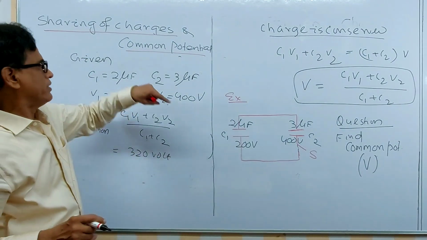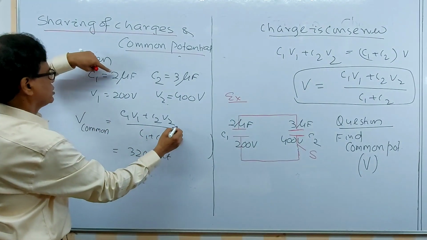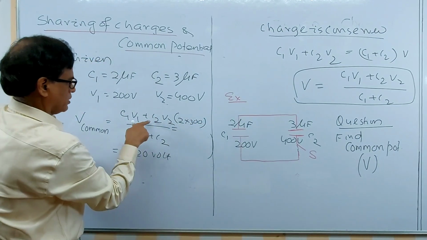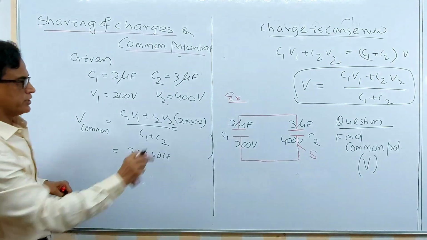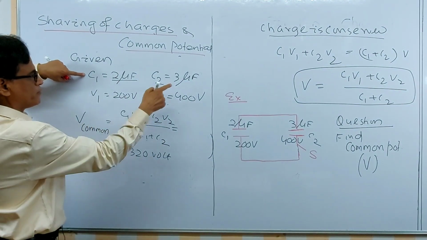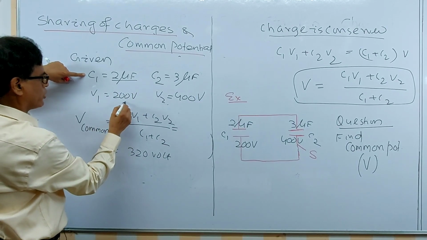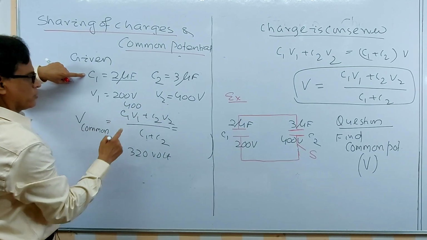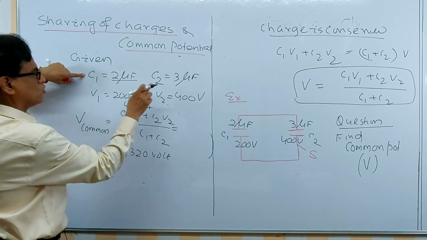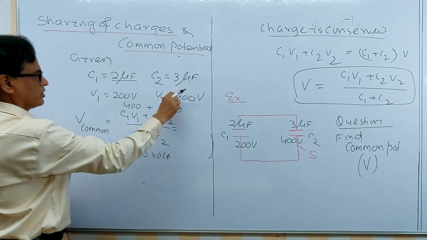Now you substitute C1 is 2 microfarad, V1 is 200 volt, so 2 into 200 becomes 400. Plus C2 is 3, V2 is 400, that is 1200.